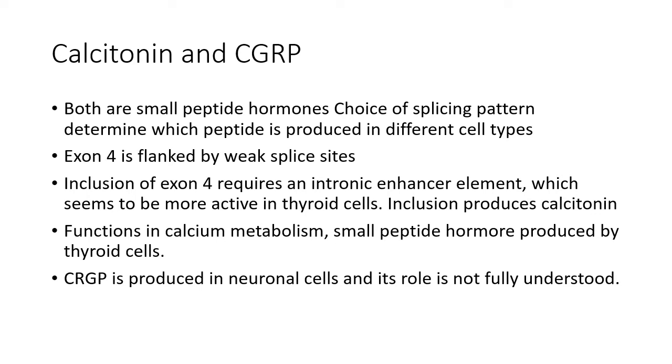What that does, of course, is bind proteins which will facilitate recognition and usage of the adjacent splice sites. So this intronic splicing enhancer adjacent to the exon is active exclusively in thyroid cells, which is why the calcitonin exon is included in those cells, while CGRP is produced only in neuronal cells.